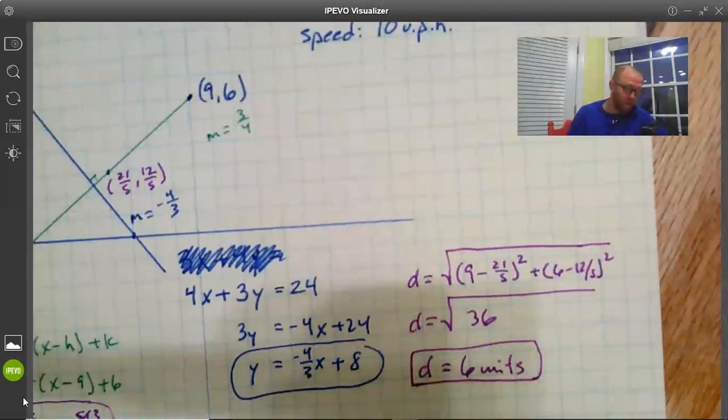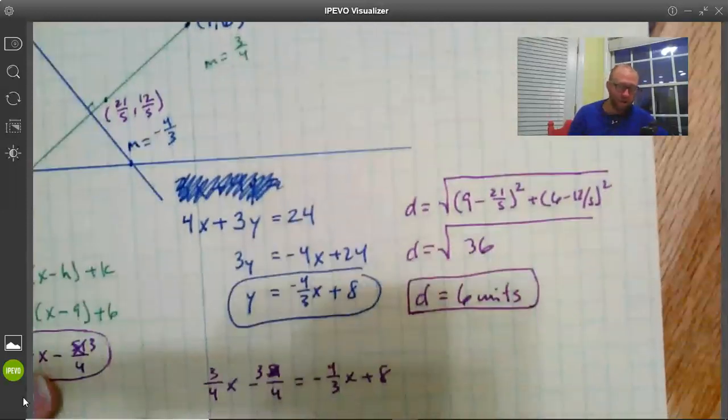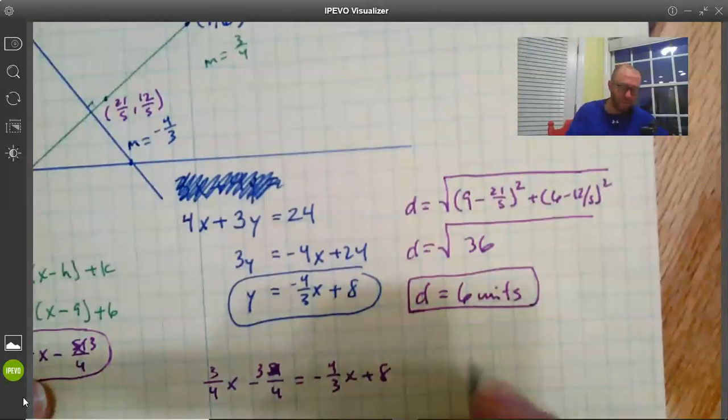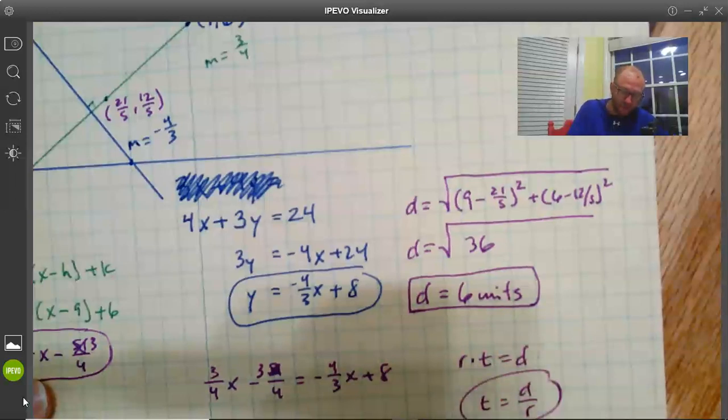And then at 10 units per hour, so we know his rate, we know the distance, and we know that rate times time equals distance, which means that time is distance over rate.